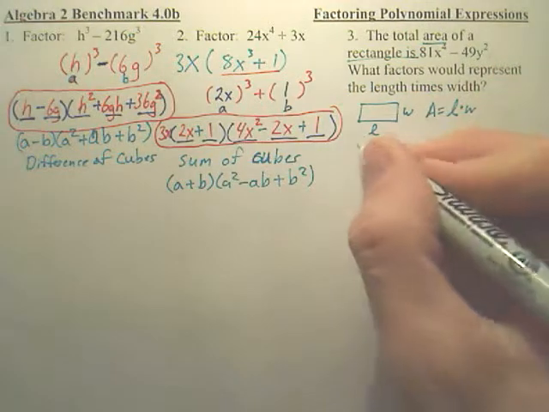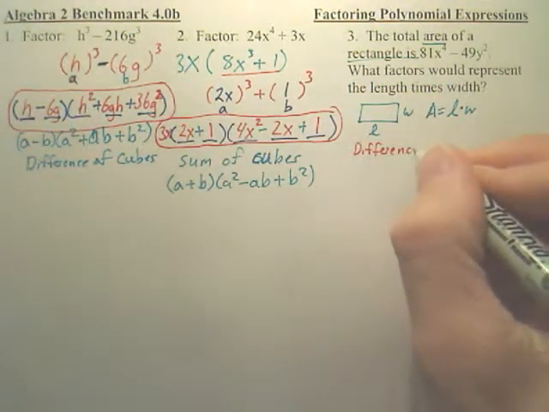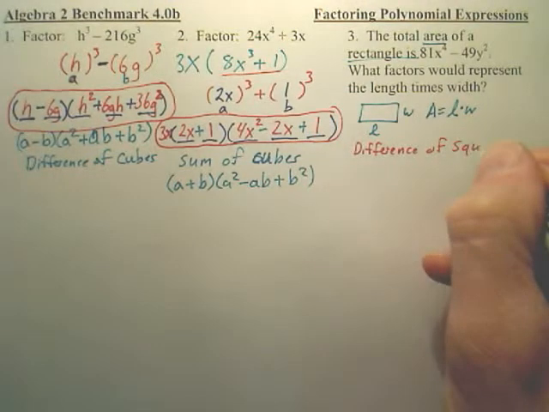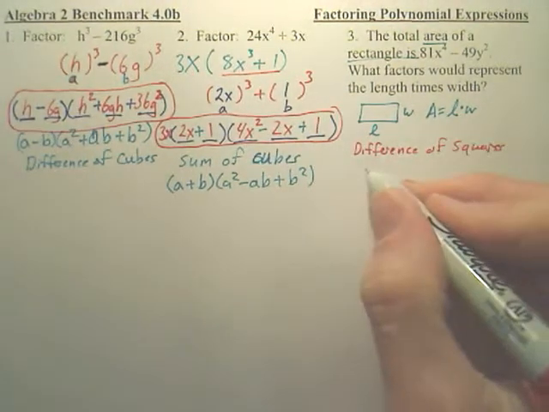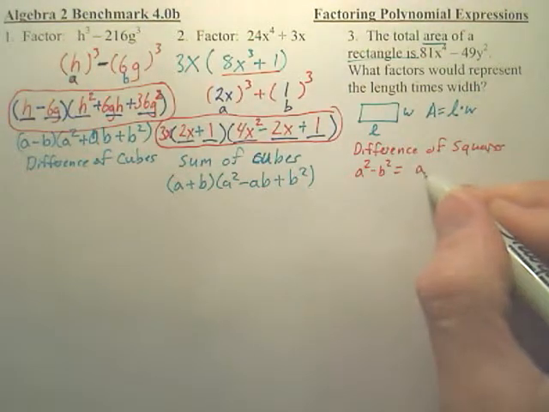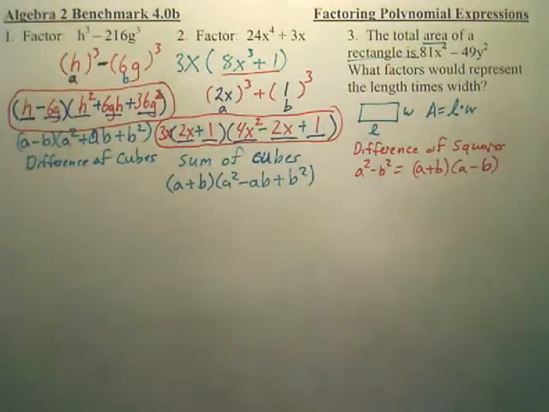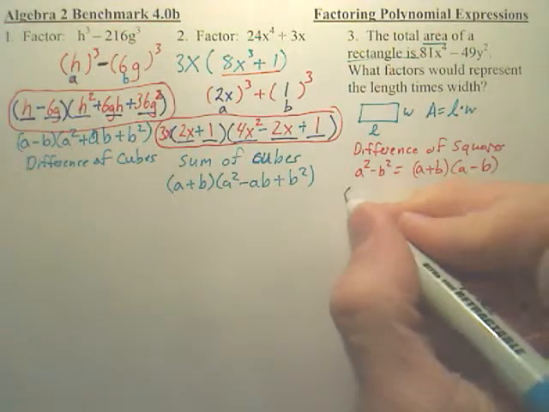To factor this, you should notice these aren't cubes. This is actually going to be a difference of squares. And the formula for difference of squares is when you have a squared minus b squared, your answer is a plus b, a minus b. So in this situation, we have to find out what a and b are.